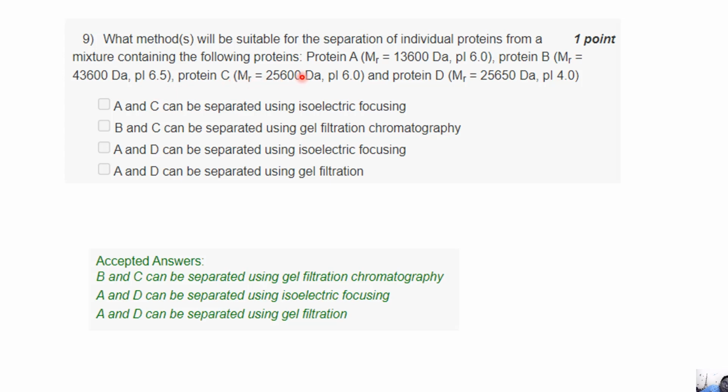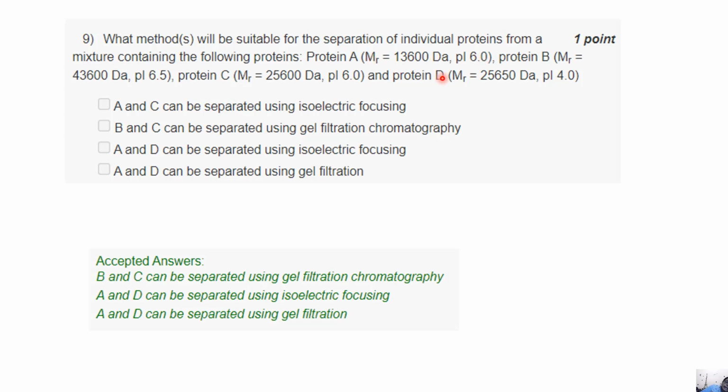A and D can be separated using isoelectric focusing. A and D have significant differences in their isoelectric points: for A it is 6, for D it is 4. So they can be separated on the basis of the difference of the isoelectric point by means of isoelectric focusing.